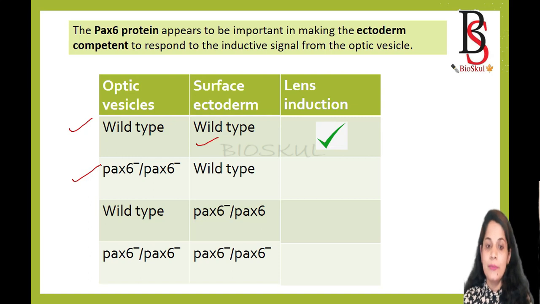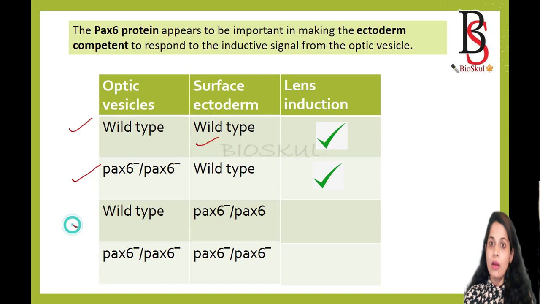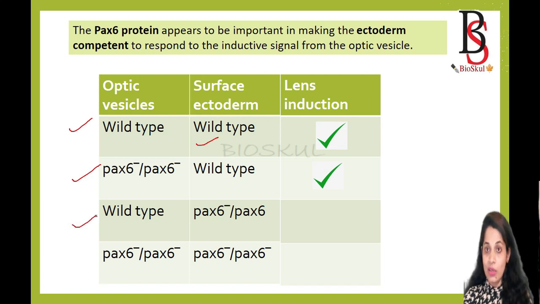And option 3, PAX6 is wild type in optic vesicle. There is no need, because PAX6 should be wild type in the surface ectoderm, so that the surface ectoderm will be competent and develop the lens.